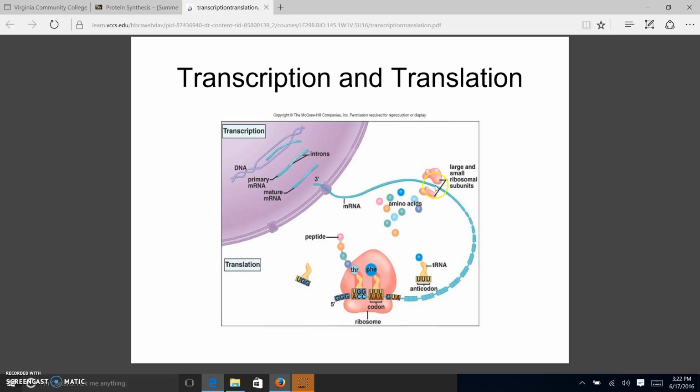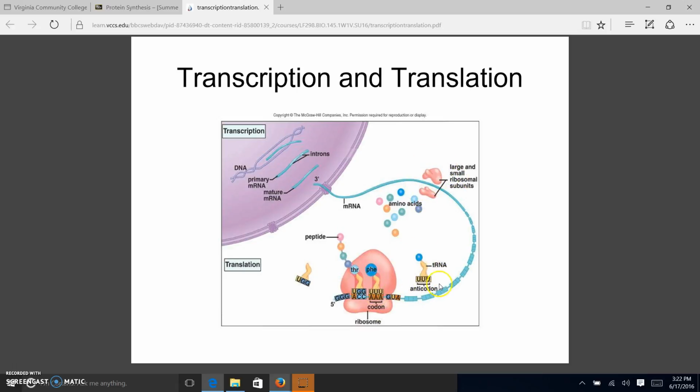All right, our ribosomes are actually made up of proteins and something called ribosomal RNA. So in order to have a ribosome, which is the factory where we're going to build our polypeptide leading to our protein, we have to have ribosomal RNA because it makes up part of the subunits of the ribosome.